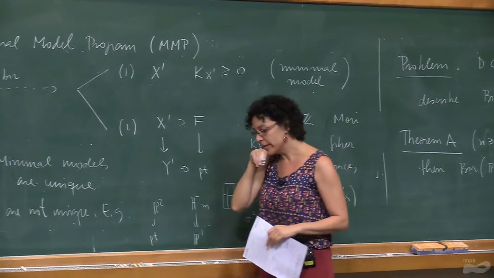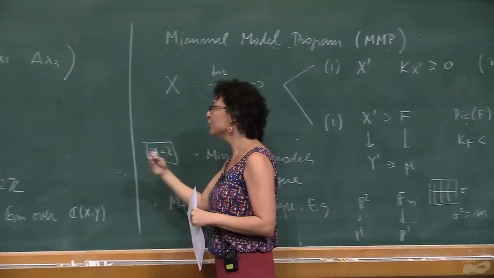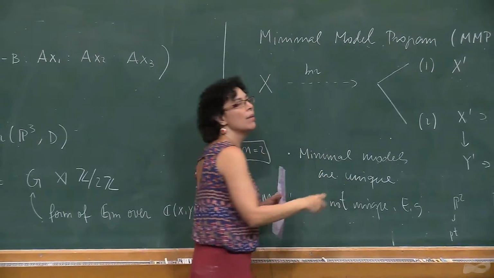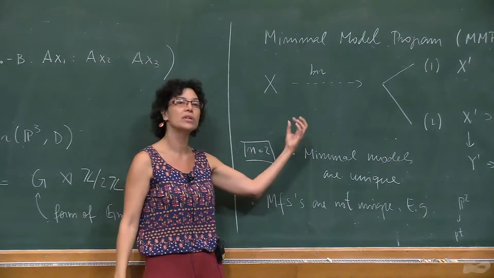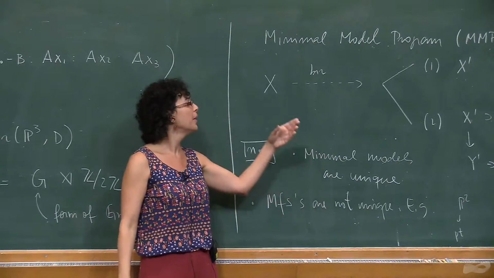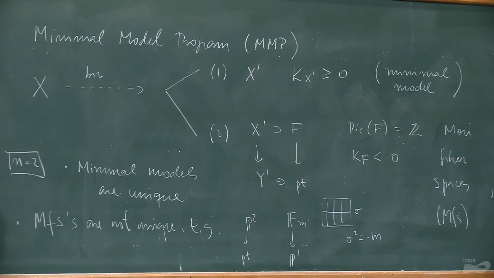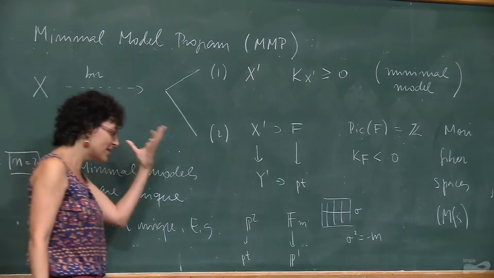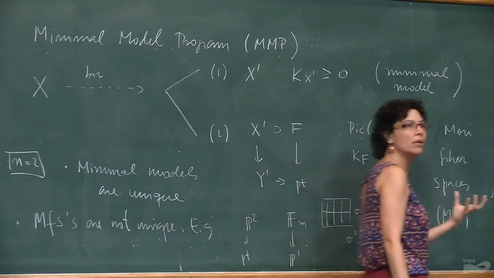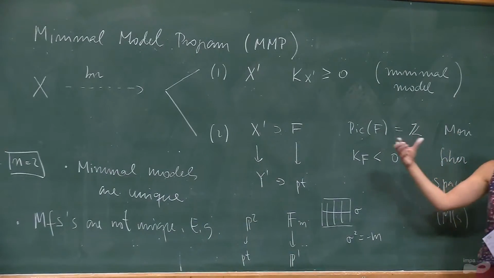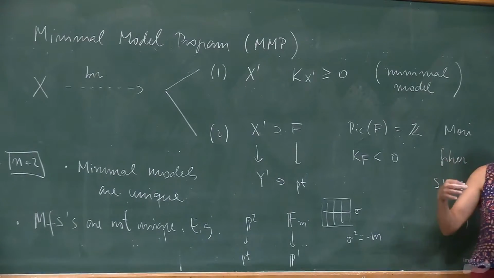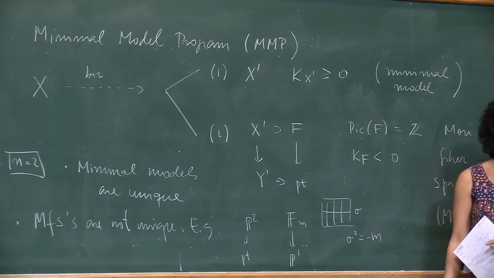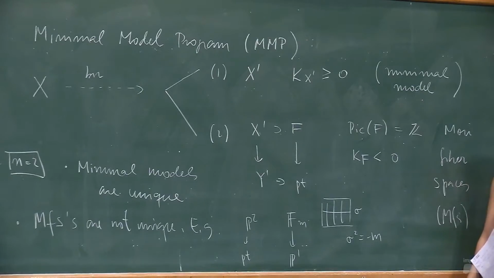And the second thing is that the operations that appear here become much more complicated. In the case of surfaces, this is just blowdowns to smooth points. But in higher dimension, you have what is similar to the blowdown, which are called divisorial contractions, but then you have some special surgeries called flips and flops that appear and that make life much harder.